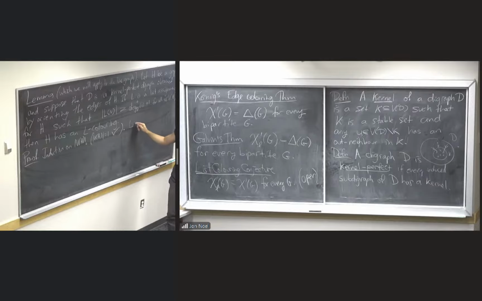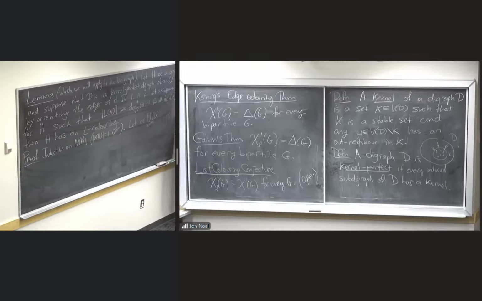So let C be any color. And what do I mean by color now? Well, a color is an element of the union of all the lists. Some vertices have that color in their list and some don't.